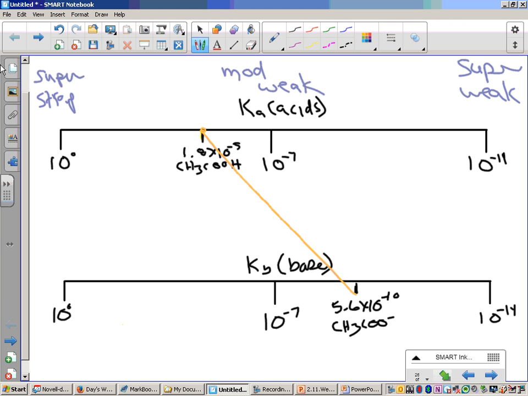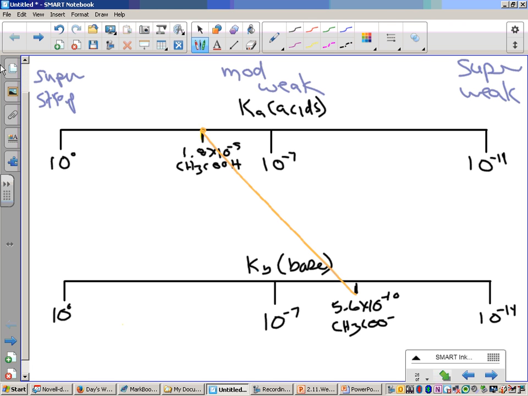Does that make sense to everybody? I got a moderately weak acid, slightly stronger than the middle, and when it loses its H, it becomes a base that is still moderately weak, but weaker than what the acid was. Acetic acid and its acetate is better at being an acid than it is at being a base. All right? If this is confusing, I'm going to keep talking.